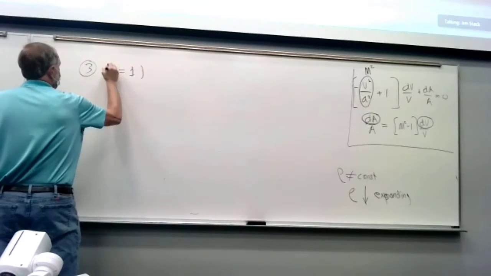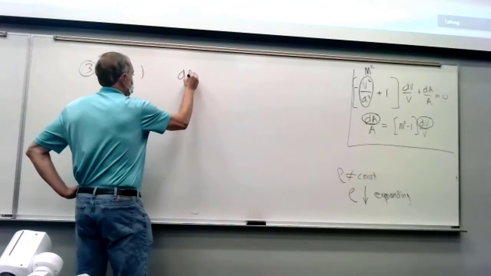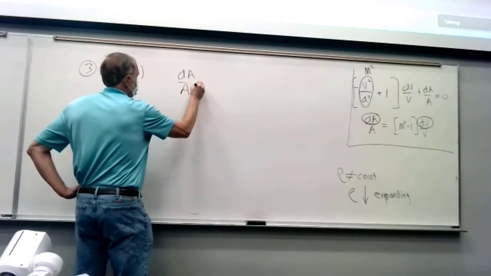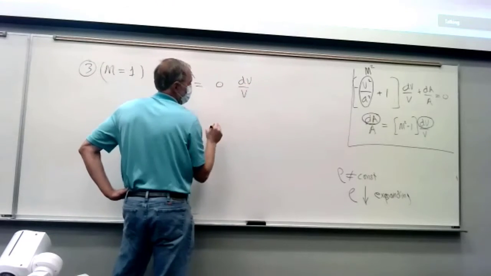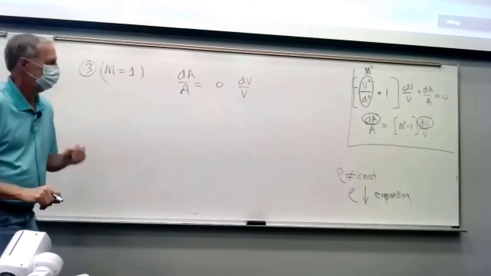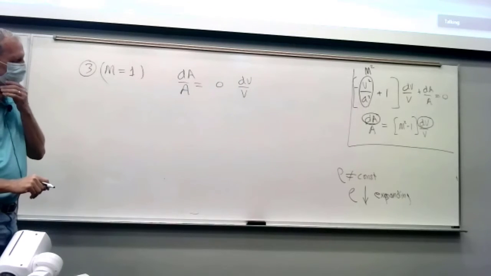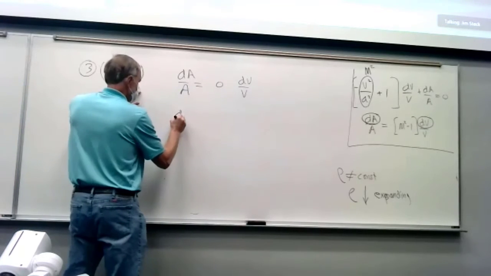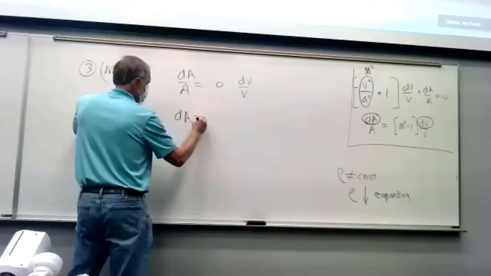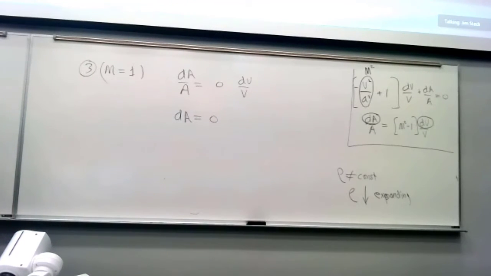So exactly Mach 1, we get... so it says that for Mach 1 flow, the area cannot be changing at that point.